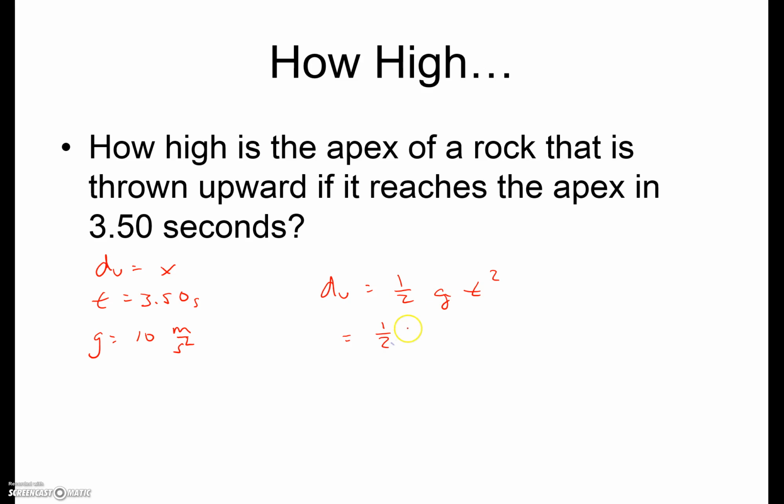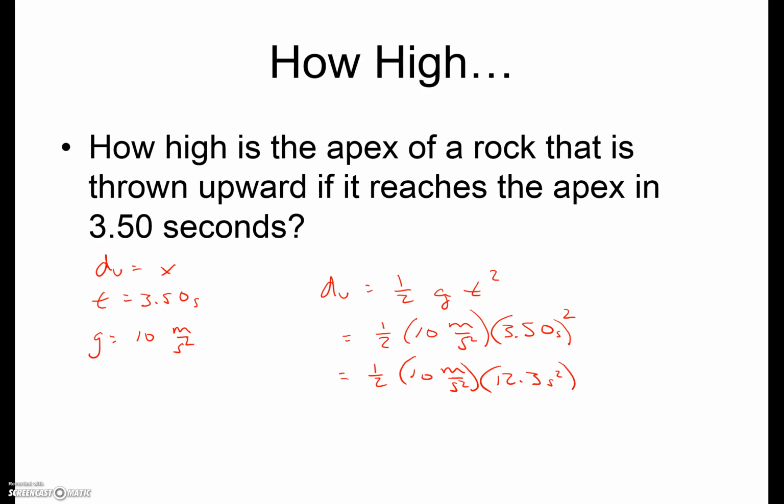We've got 1/2 times our acceleration due to gravity, 10 meters per second squared, times our time, which is 3.50 seconds, and we're going to square that value. So we'll take our time and square it, multiply it by 10, and divide it by 2. So we're going to get 1/2 times 10 meters per second squared times 12.3 seconds squared.